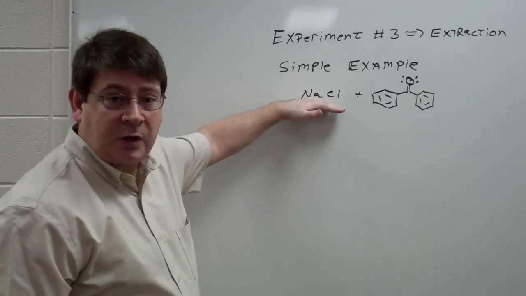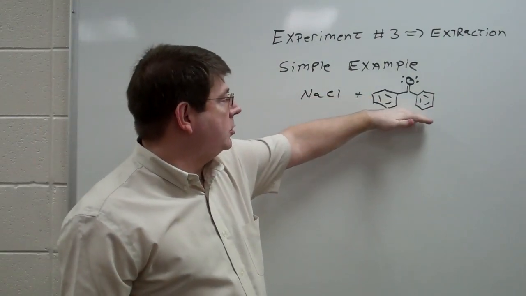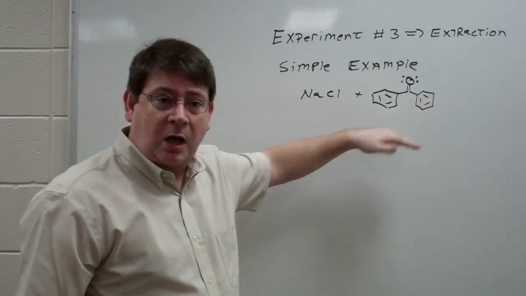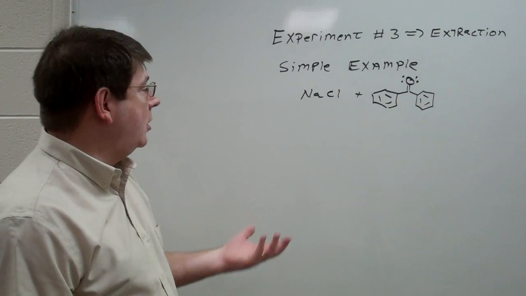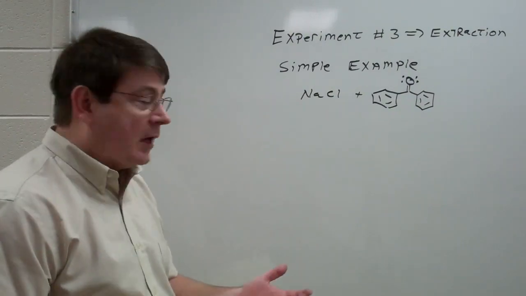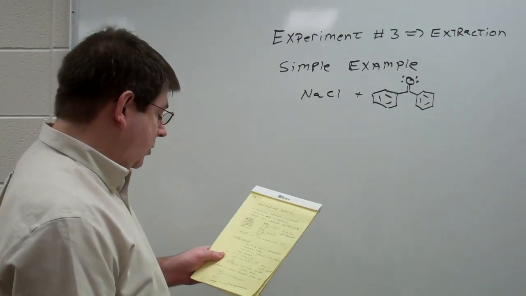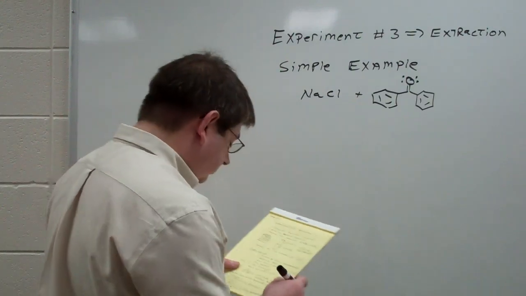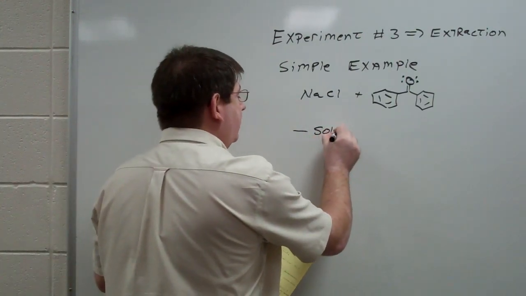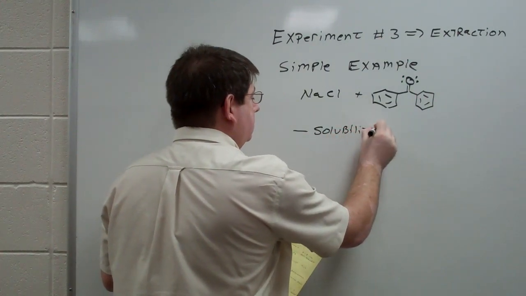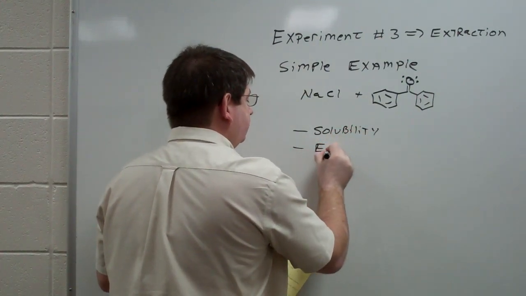Sodium chloride, just table salt, it's a solid. Benzophenone is an organic molecule, which is also a solid, and you've got a mixture of these two things, and you need to separate them. Somehow the sodium chloride got mixed up with the benzophenone, and you've got to separate them. So how can we do this? Both are solids, but we can separate them based on their solubility differences by extraction.